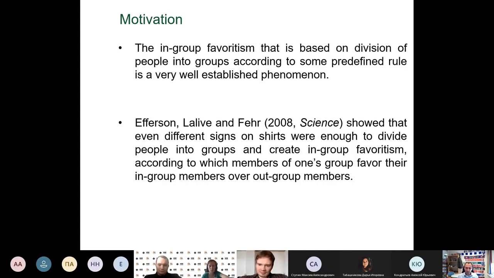There was a nice study by Efferson and colleagues in 2008 in Science, and they showed that if you have people with different figures on shirts, like triangles and circles, that was enough to divide people into different groups. If they saw somebody with a different sign on the shirt, that was already enough to create in-group favoritism. So this feature of favoritism is a very strong feature within us.